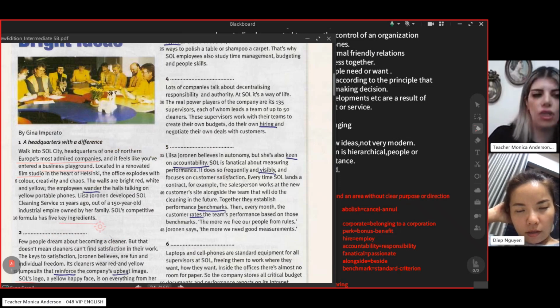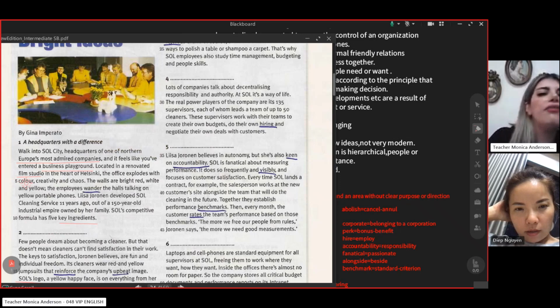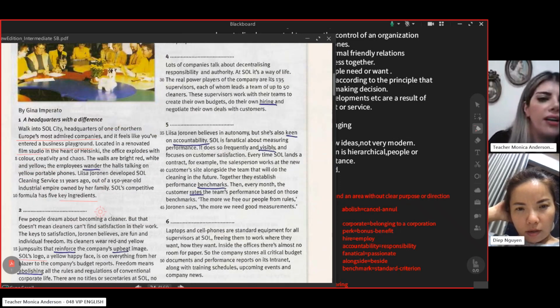Key ingredients. Yes, definitely. And film studio. Film studio, of course, both are nouns.